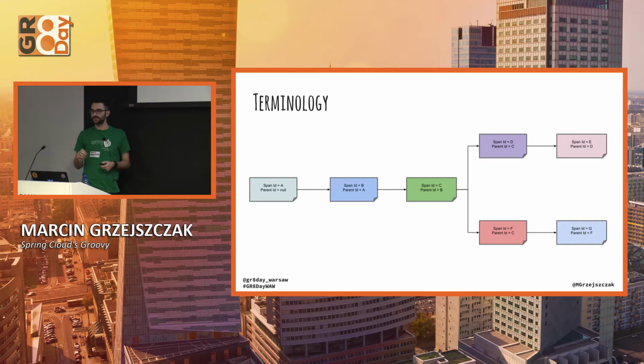Another thing which is important is that I told you that spans create a tree-like structure, so a span can have a parent. So the first span with ID A has no parent because it's the first one. So the second one has the parent of this one. The third one has the parent of this one. If you go back, you can see these are the same colors, right?